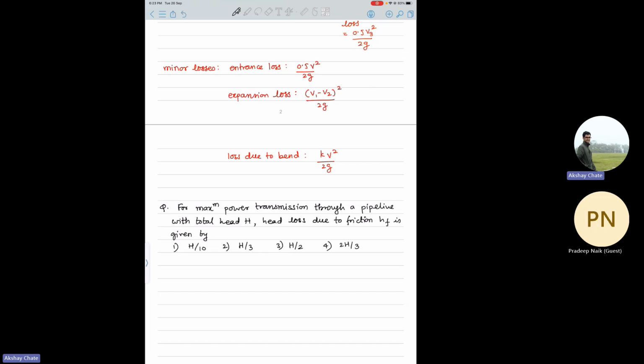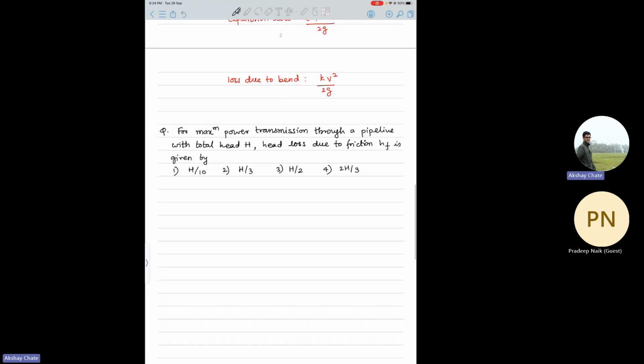This is a very common question, and if I have not mentioned, all these major losses and minor losses are losses due to fluid friction between the pipe and the fluid. So as I said earlier also, for power transmission, power transmitted through the pipe, the formula remains the same.